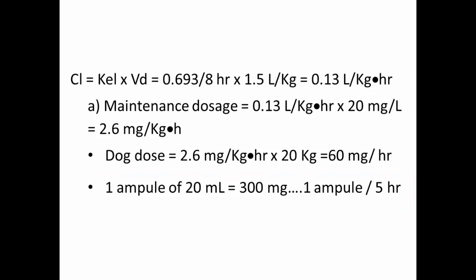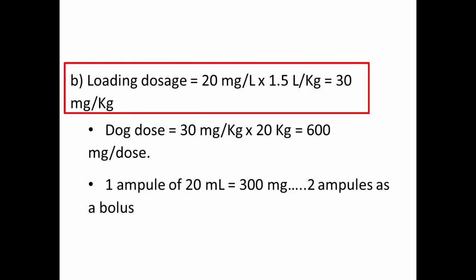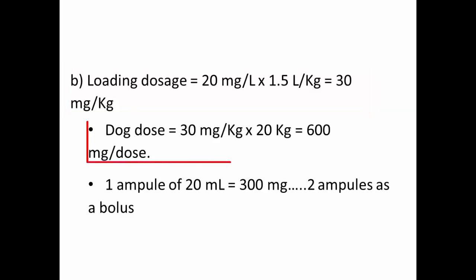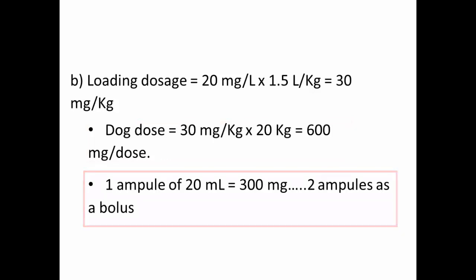Now, with regards to the second question, the loading dose, all we need to do in this scenario is multiply the desired concentration of 20 milligrams per liter by the volume of distribution, and that will give us 30 milligrams per kilogram. And when that dosage is multiplied by the body weight of the dog, it should receive a total dose of 600 milligrams, which basically corresponds to 2 ampules of 3 milligrams each, given as a bolus.